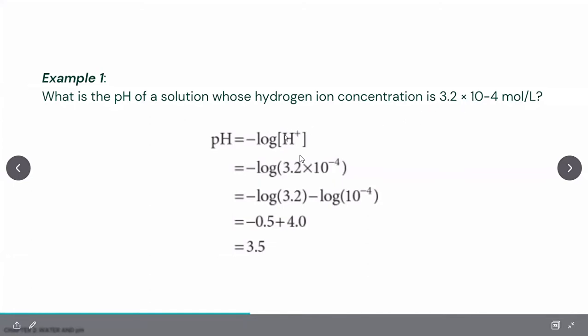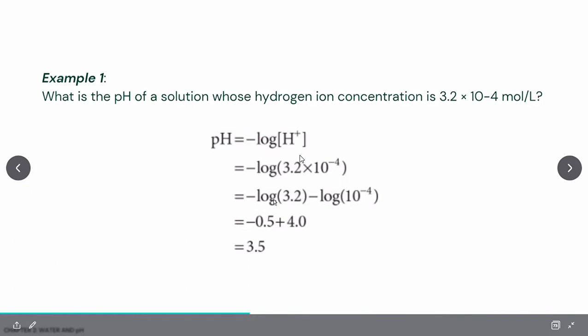You just have to convert this 3.2 times 10 to the minus 4. That's 3.2, taking the negative log, minus log of 10 to the minus 4. And what is the log of 10 to the minus 4? It is the exponent itself, 4. Log of 3.2 is 0.5.